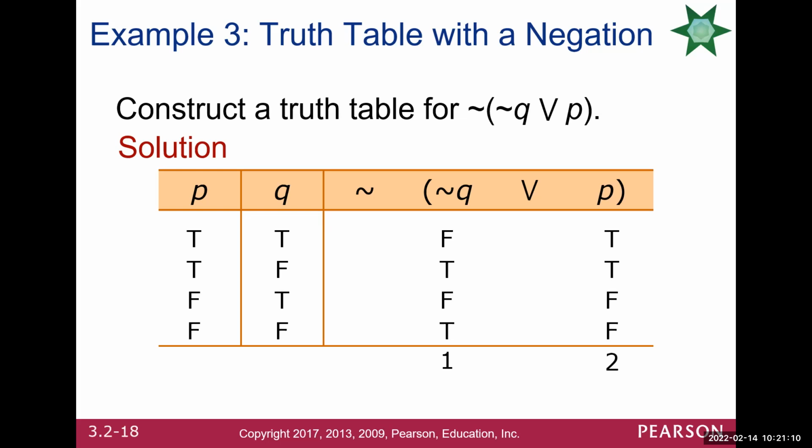Now, the third thing that we would do is work on our connective, and that is a disjunction connective, which is our or statement. I'm going to look at column 1 and column 2, and ask myself, is this or this true?